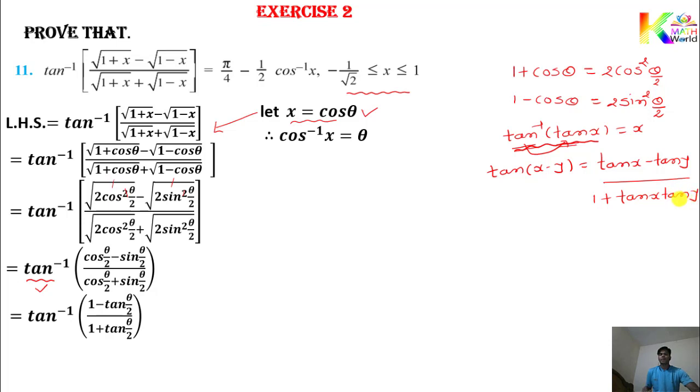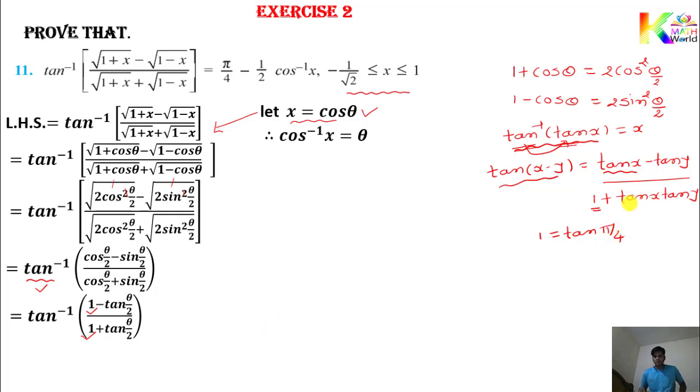This is your formula. To set this kind of formula, you need 1 here, and that 1 is already here. First thing required is the terms in tan. Here 1 is there, and that 1 can be written as tan pi by 4. Here we can put 1 as tan pi by 4.